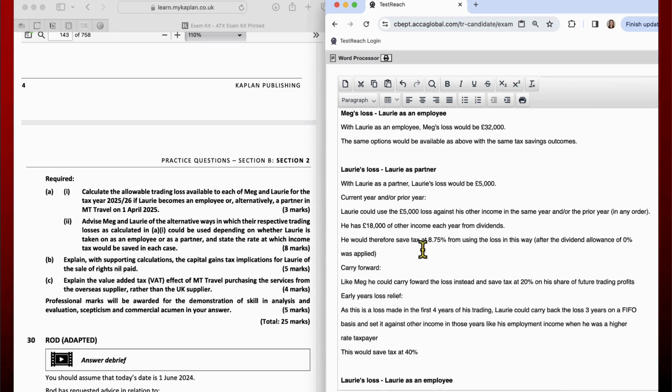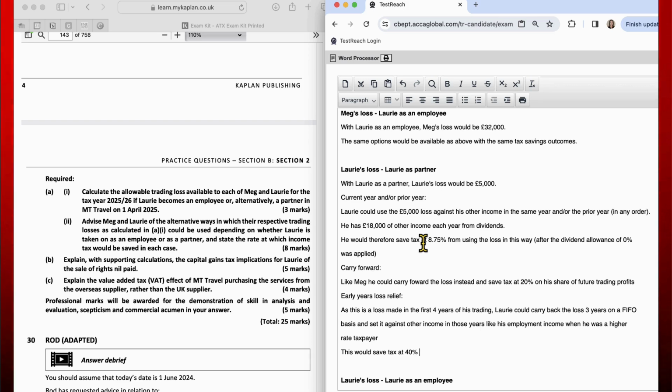Now, what you'll see is when you're talking about loss relief, in loss relief questions as well as methodically working through all the relevant possible options for somebody, you also need to be quantifying, because you could fall into the trap of going, well, an individual can carry forward and set off their loss against the first available future trading profits, or they can set it off against the total income of the current year and or prior year in any order.